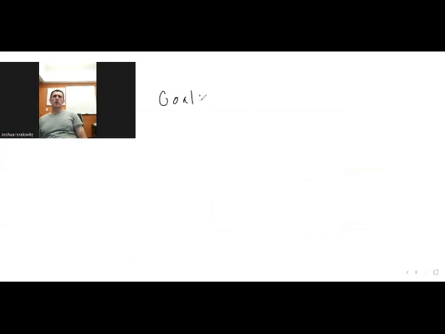And this is called Minkowski's inequality. I'm pretty sure it's not the same Minkowski as in relativity, but that's fine.